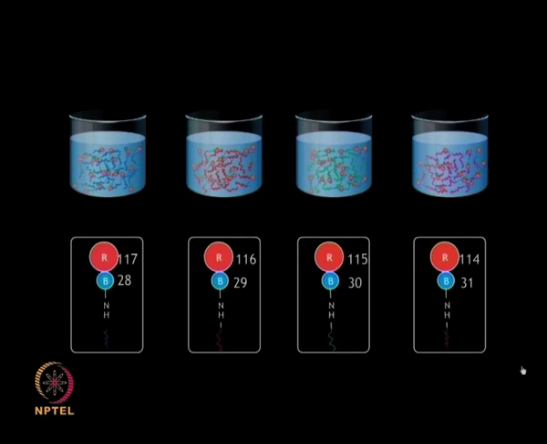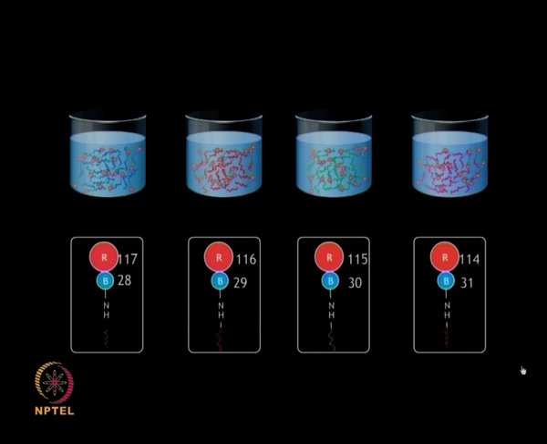As you can see in these animations, in the first one the reporter group is 117 and the balancer group 28. In the second sample, reporter group 116, balancer group 29. In the third sample, reporter group 115 and balancer group 30.